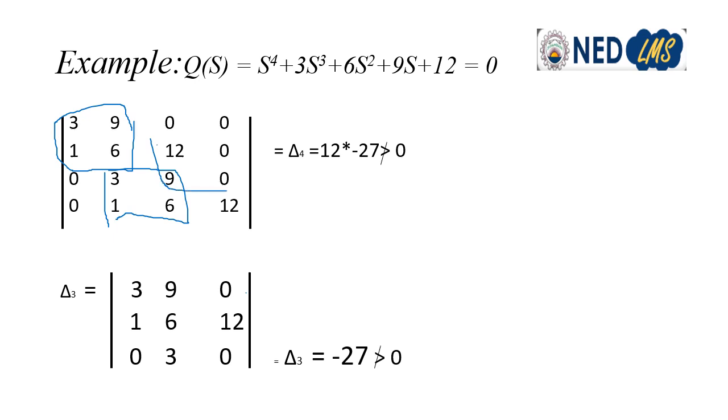Obviously because of the order 4 by 4 we have only 12 here, so we'll put this here. If the order is greater than 4, then we'll put the whole 12, 0, 9, 0 here, and so on. We'll complete it. So this time we have del 4: 3 9 0 0, 1 6 12 0, 0 3 9 0, 0 1 6 12, and then we calculate.